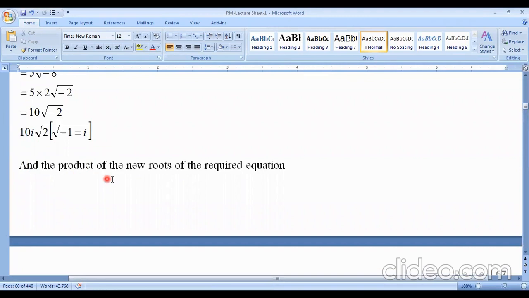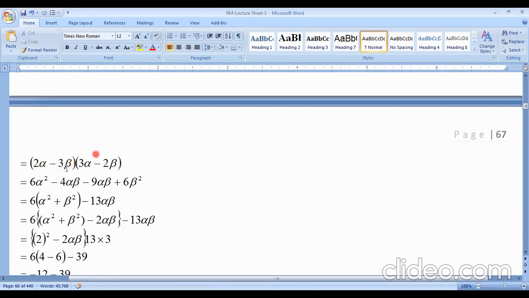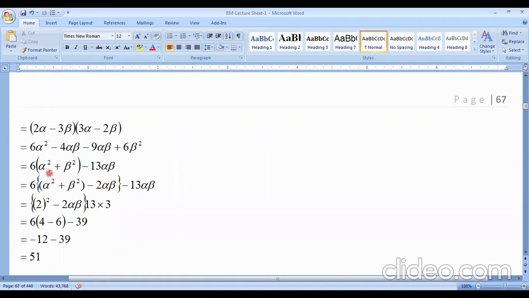Now again, the product of the new roots will be just a multiplication. We can write alpha square plus beta square, taking common 6.